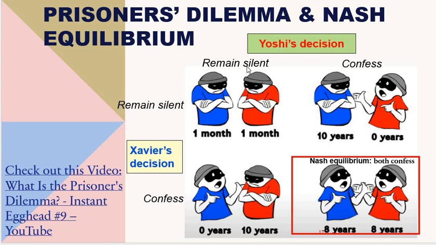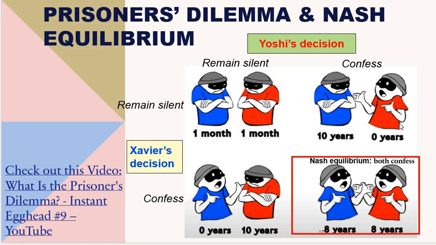Once Xavier chooses to remain silent, Yoshi is able to choose between these two cases. If Yoshi knows that Xavier remains silent, then Yoshi can compare his outcomes, whether to remain silent or to confess.